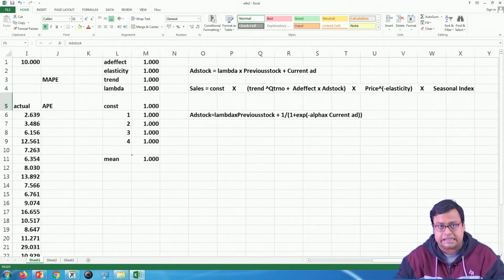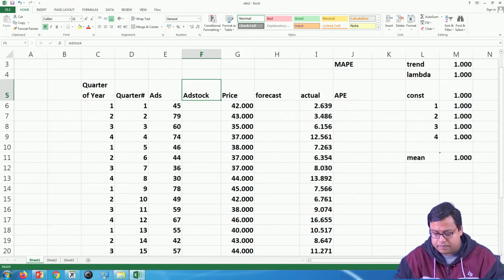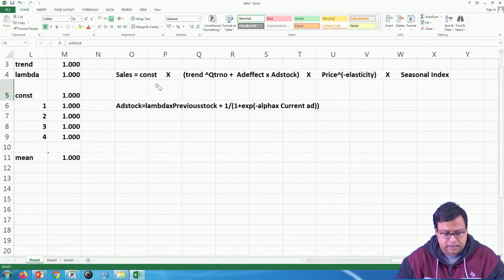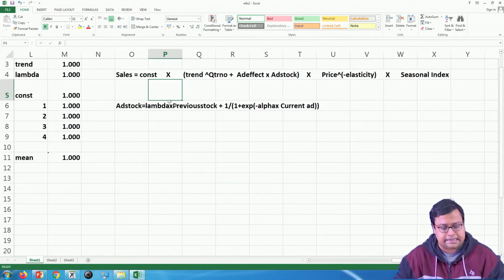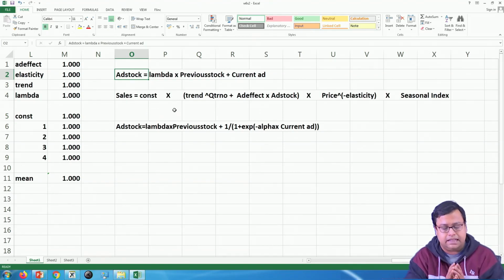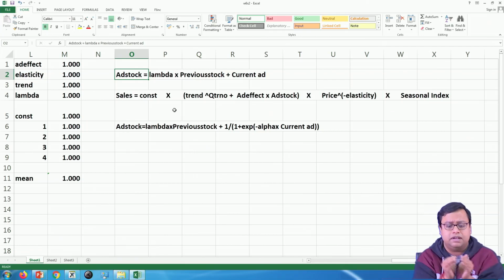If you carefully see the formula, there is something called ad stock. The ad effect gets into my memory as a stock. It behaves like an inventory, similar to the inventory models that we do.